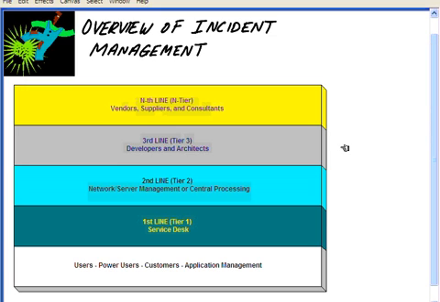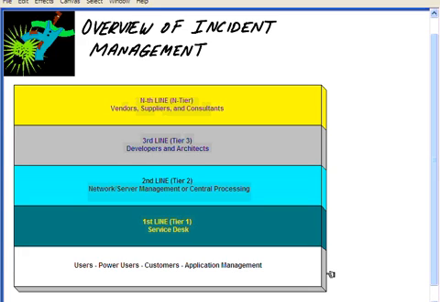This next diagram gives you a sample of incident management, and I've done this as a vertical process from the bottom up, but this can be a horizontal or a vertical process, and we'll talk about the differences as it relates to escalation of incidents in a moment. At the bottom, we have, of course, our customers, our users, our power users, our corporate application management.